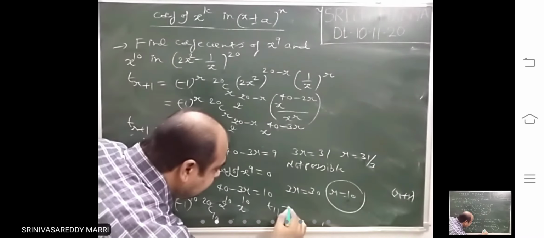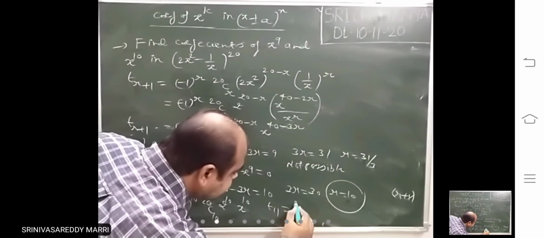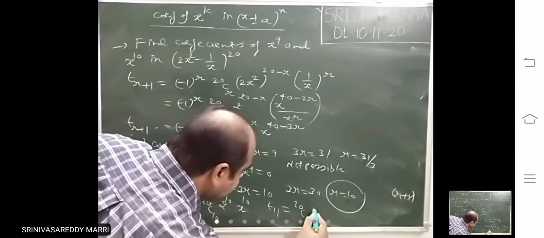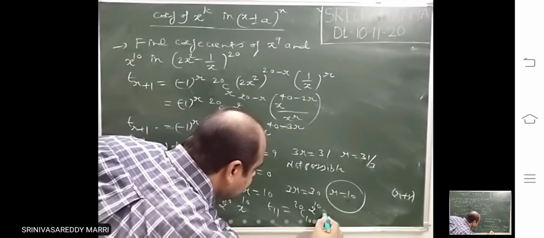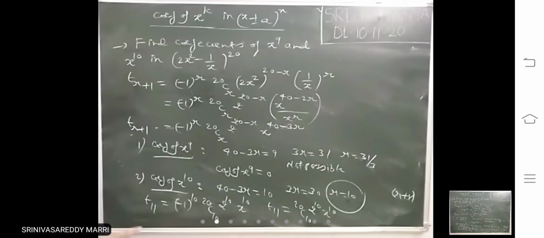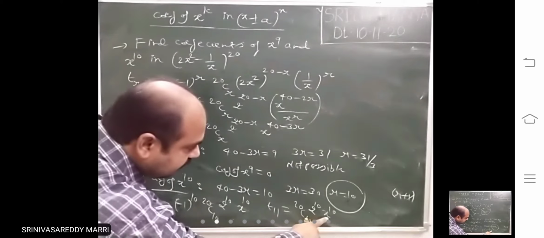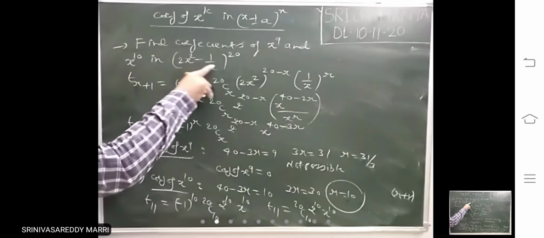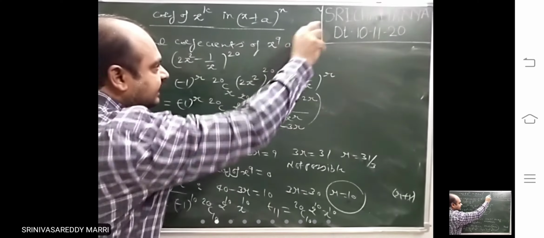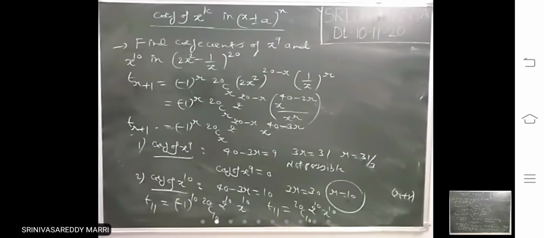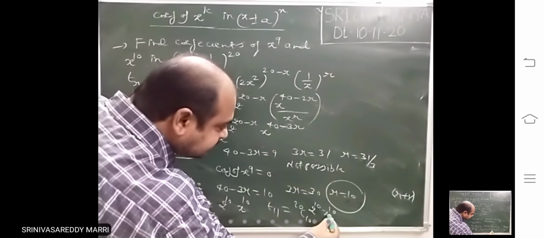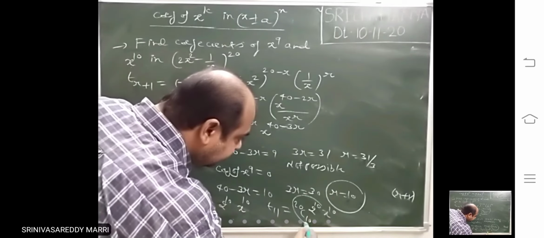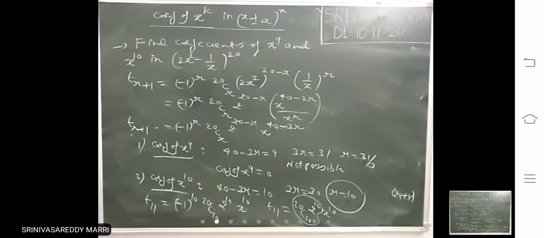Minus 1 whole power 10 is 1, so T11 is 20C10 into 2 power 10 into x power 10. That means in this expansion, you will get the x power 10 in the 11th term. The coefficient of x power 10 is the constant part of the 11th term.